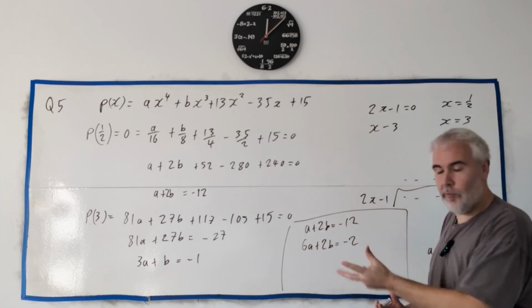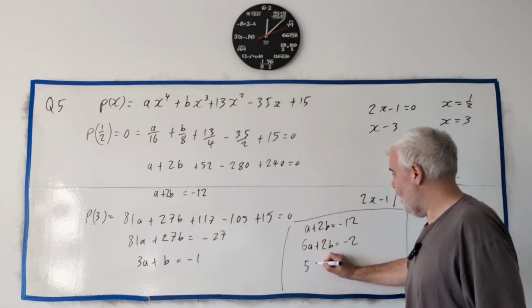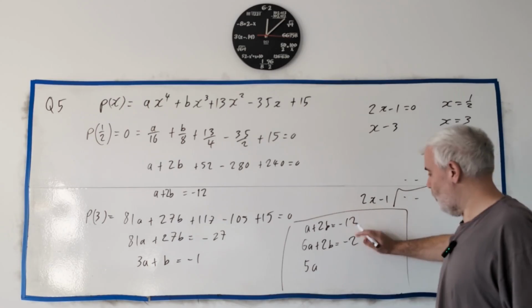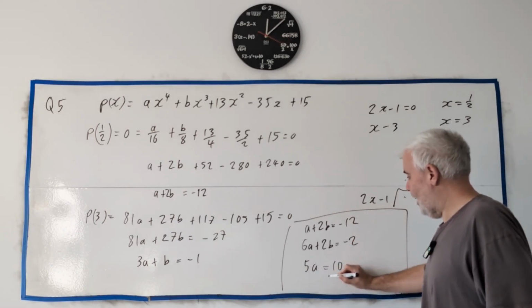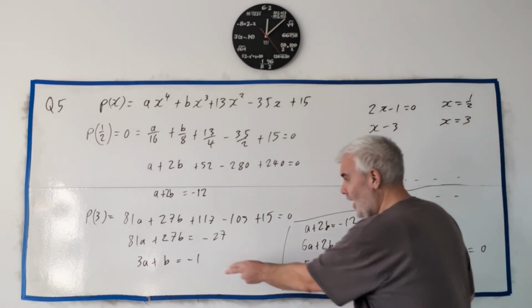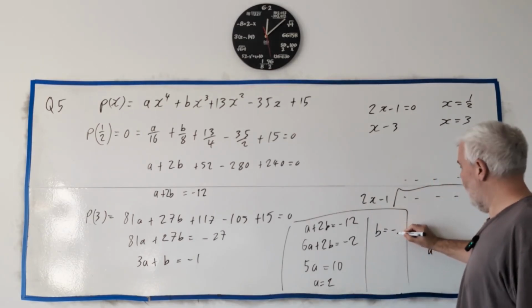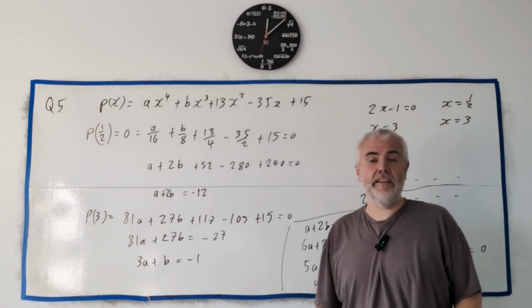So 6A minus A, we'll get 5A. The B's cancel. Minus 2 minus minus 12, that's minus 2 plus 12. That's equal to 10. A is equal to 2. Just put 2 back into either one of these, and you should get B is equal to minus 7. That's your answer for part A.